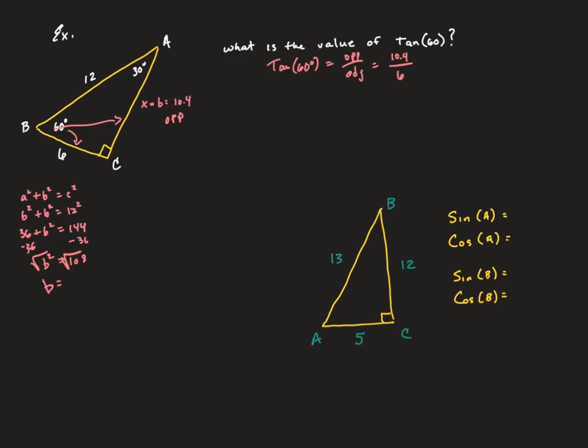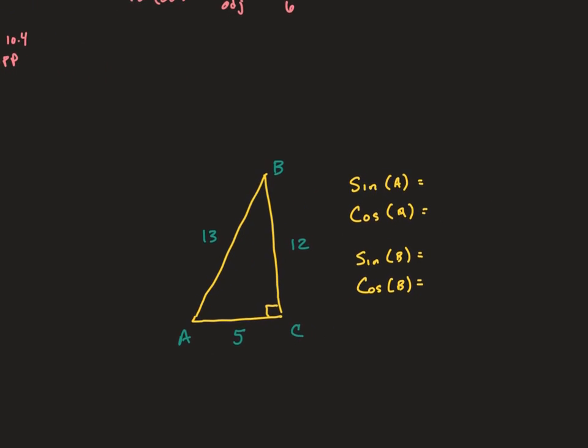And then looking at this next example, we already have our sides in. Remember our SOHCAHTOA. Sine is going to be equal to the opposite over the hypotenuse, and then the cosine is going to be equal to the adjacent over the hypotenuse. And let's see here.